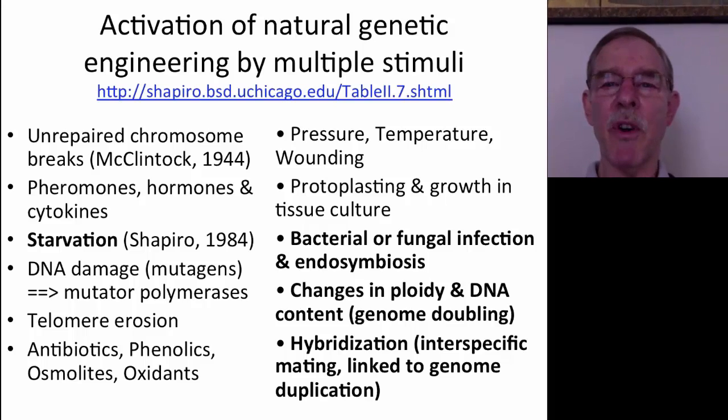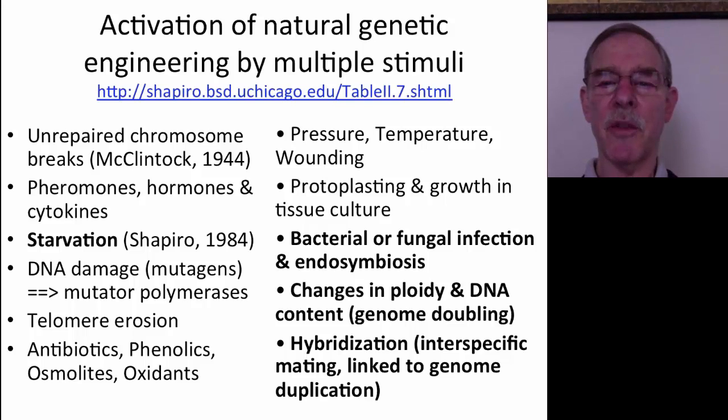Among the most important of these stimuli are starvation, infection, changes in ploidy DNA content, and hybridization, when two different species or two different populations mate with each other and they disrupt the normal control processes which keep the natural genetic engineering functions, in particular mobile genetic elements, under control. And then they become active and rapidly create clusters of genetic changes.